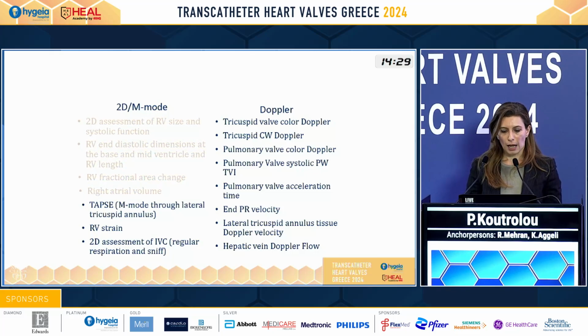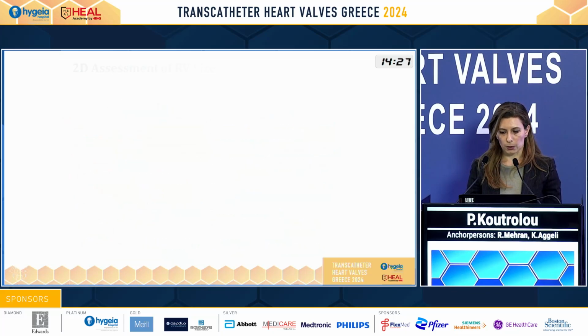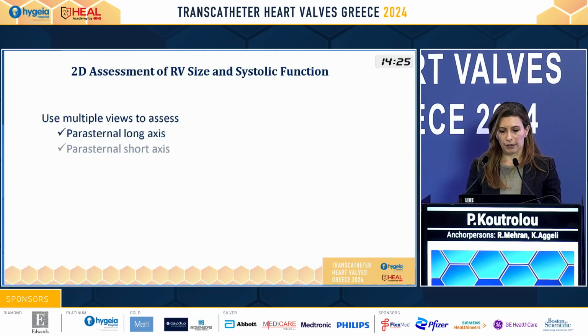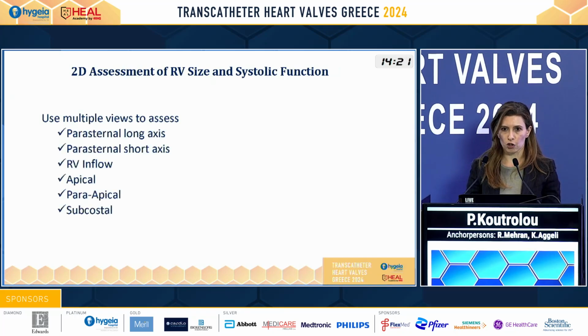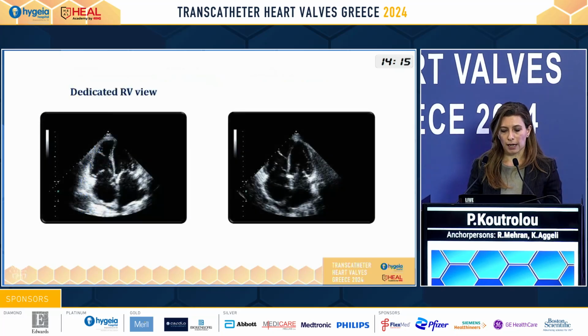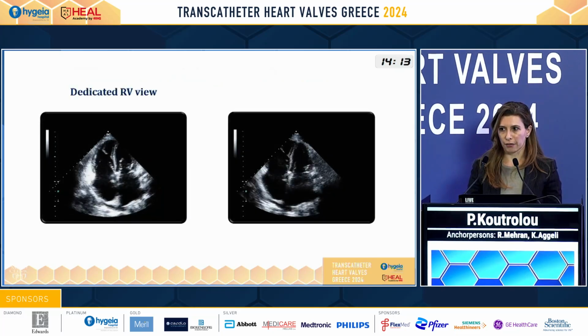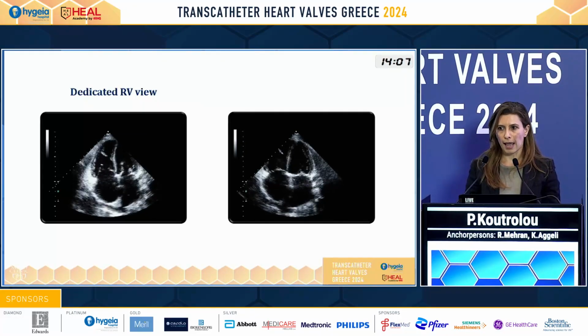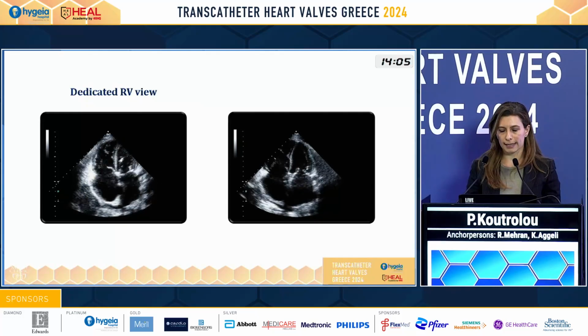But what I want to start with is regarding the 2D assessment of the RV size, but also the systolic function, we're using a lot of images. But in order to see the RV and measure the systolic function, we usually go to the apical view, where we see the dedicated RV view, where we want to see the RV in its whole.